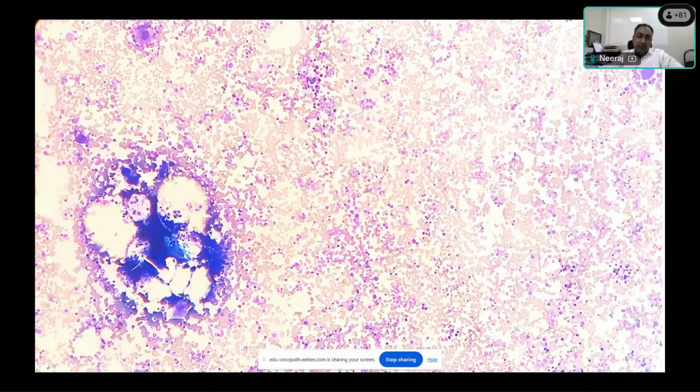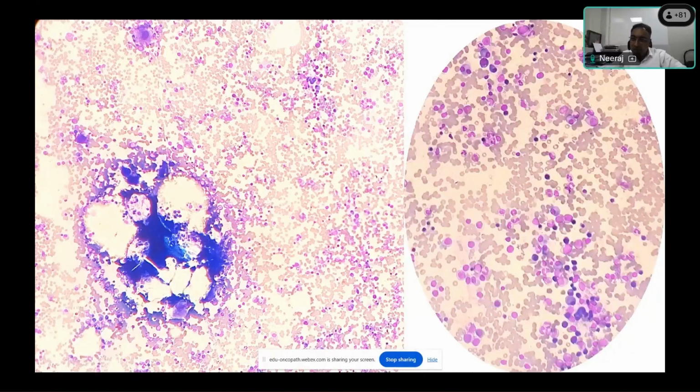So, being evaluated for renal failure with abnormal parameters, a bone marrow examination was done. This was the bone marrow aspirate. This was a mildly hypercellular marrow, and you can see scattered plasma cells. On higher power, you are able to see some binucleate forms and some clusters over here, so they appear mildly increased.